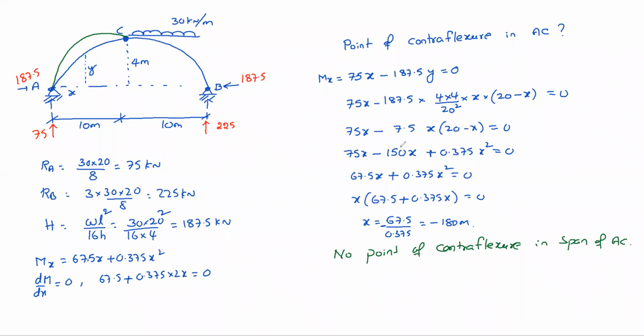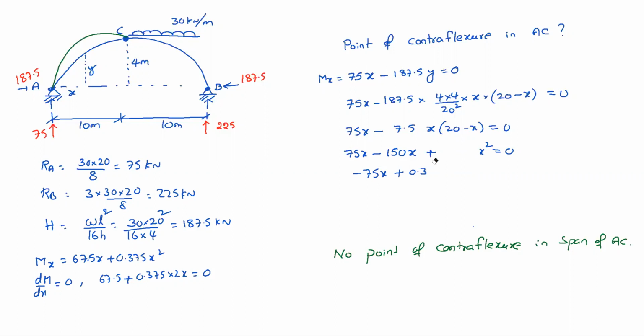Then the bending moment, point of contraflexion. We'll have minus 75x plus 7.5 x square equal to 0.